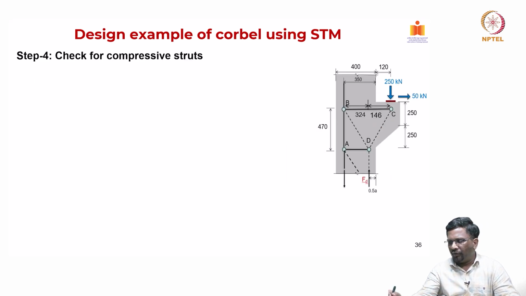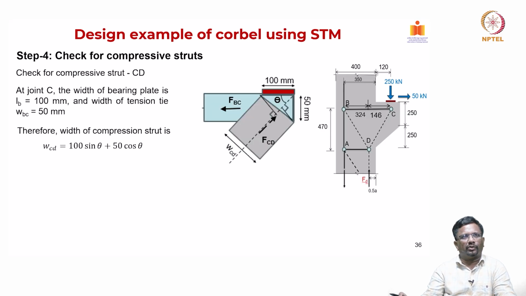So, now we have checked everything, we have to check now the compressive strut, right. The tension tie we have checked, nodal stress limits also we checked. So, let us look at the compressive struts now. Okay, just like we did for the post tension beam, here also, first you look at the compressive strut CD.